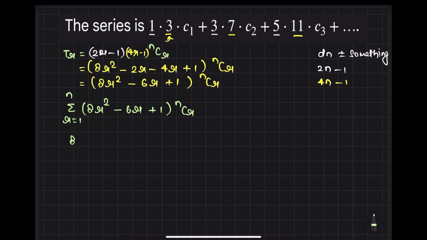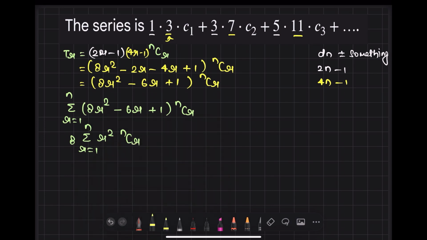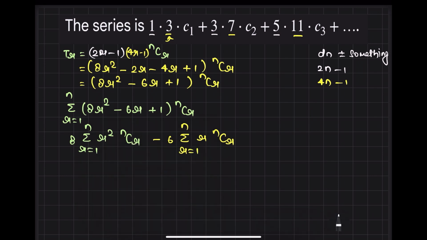So in the first part you have summation, r from 1 to n, r square nCr. This is your first component. Now the second component, 6 common, summation r from 1 to n, r nCr. Now focus on the third component, summation r from 1 to n, nCr. So this is the thing.